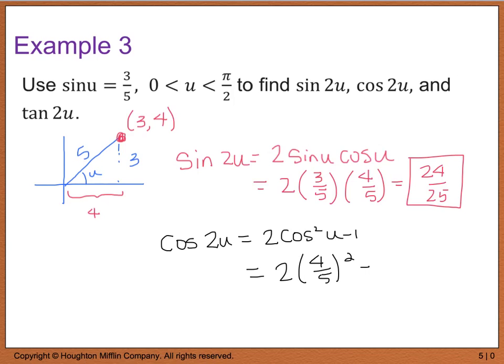We are going to square that, and then we're going to subtract 1. So this gives me 4 squared is 16 times 2 is 32/25 minus 25/25, or 1. And this will give me 7/25 for the cosine of 2u.